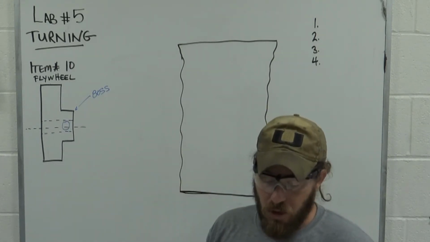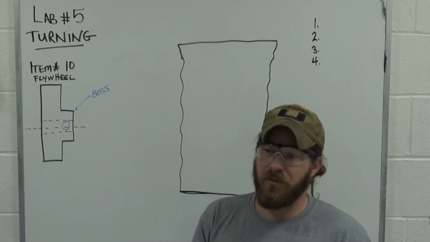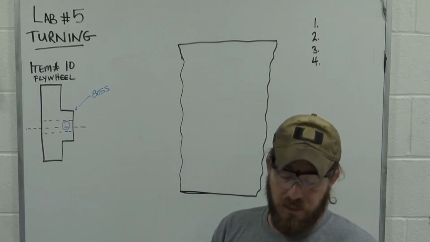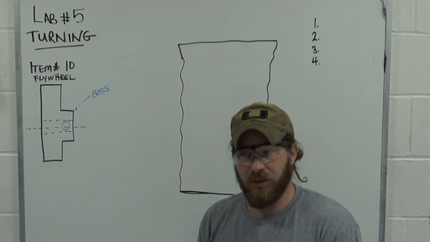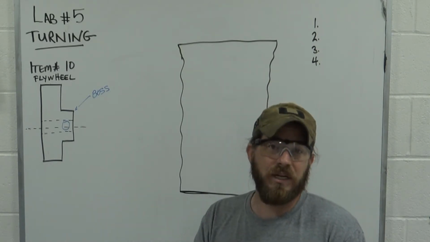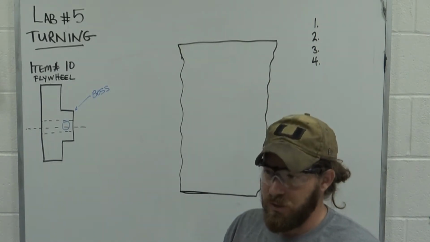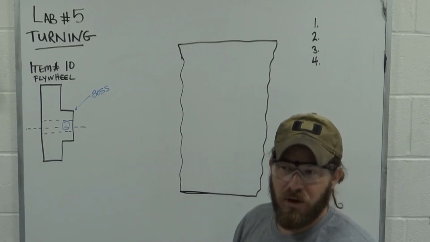We also do have a threaded hole that goes through the side. We're not going to worry about that today. That's a feature that can't be put on with the lathe, only because it's 90 degrees to the rotation of the part, so you can't do drilling to the side of the part when it's spinning.